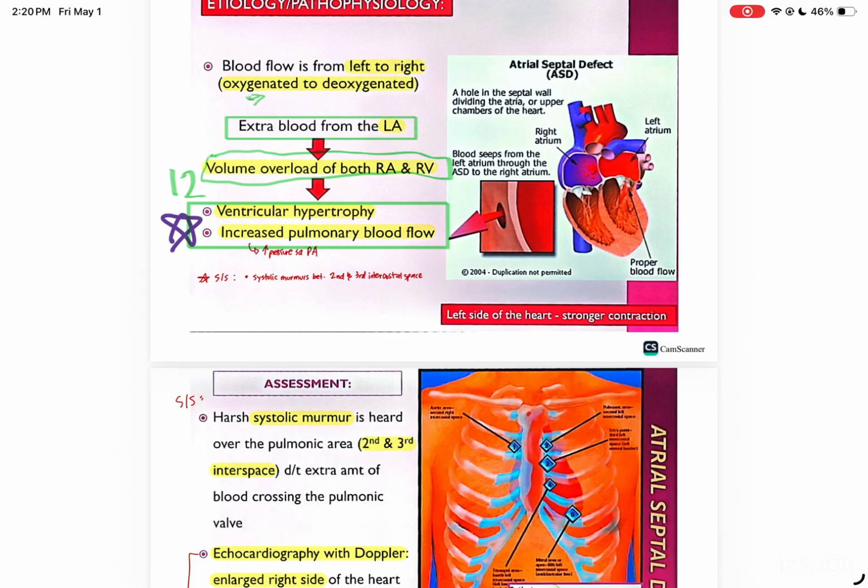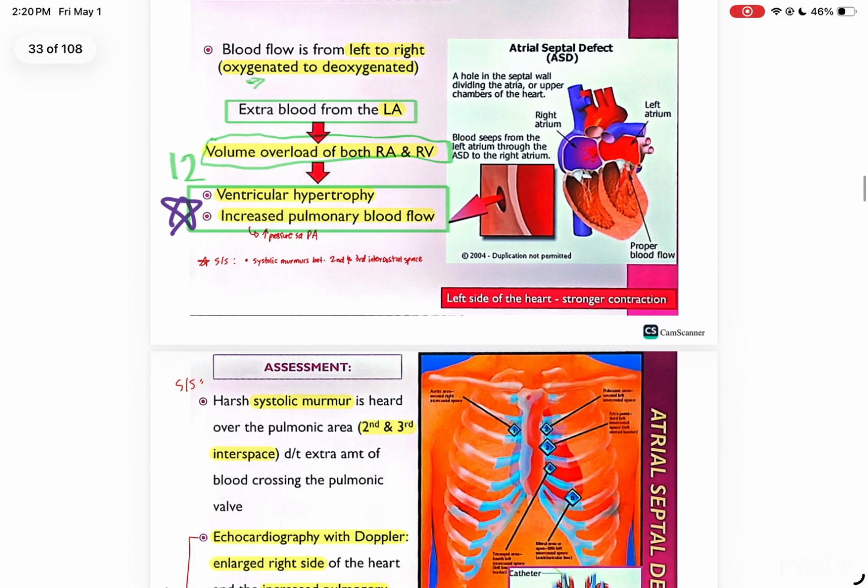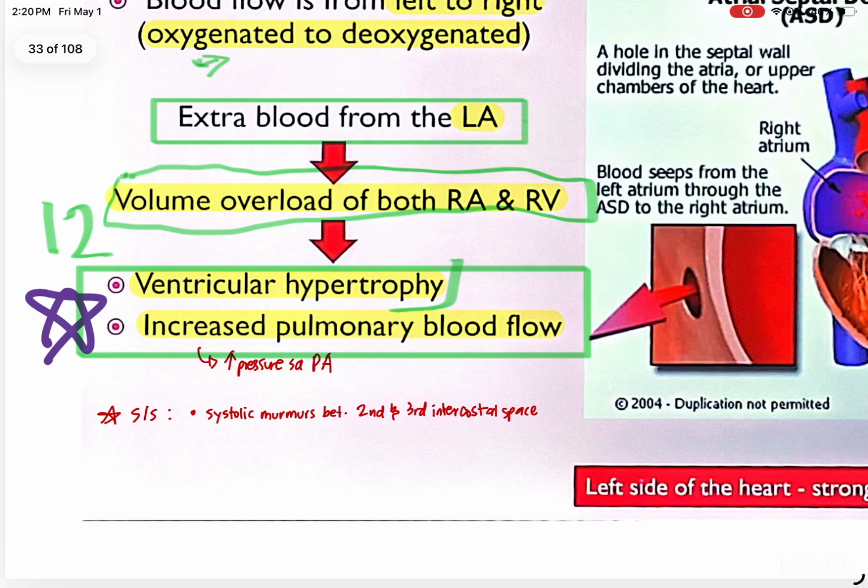So ventricular hypertrophy, increased pulmonary blood flow. What does that mean?